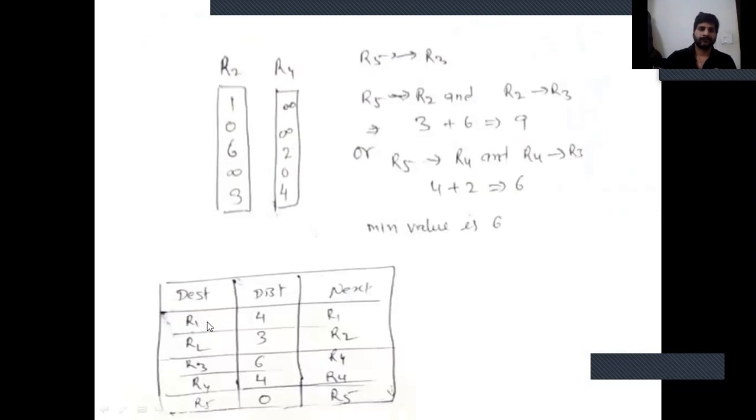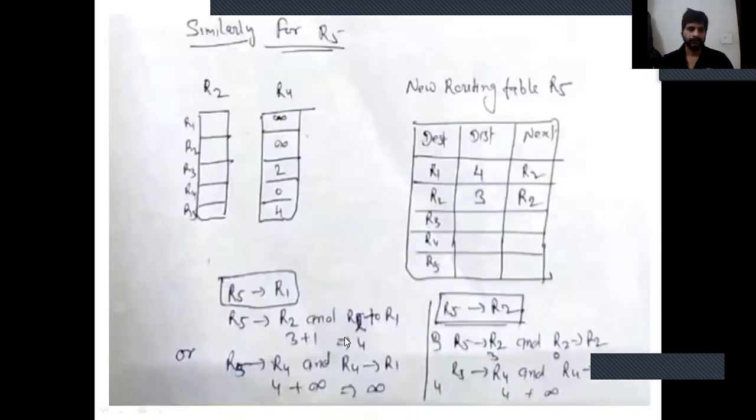R1: simple distance, R5 to R1 distance exists 4. R5 to R1 means R5 to R2 and R2 to R1.